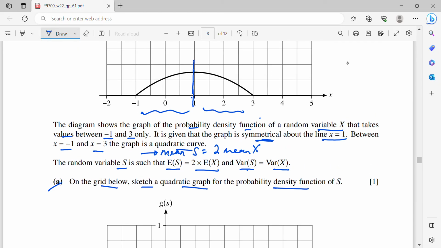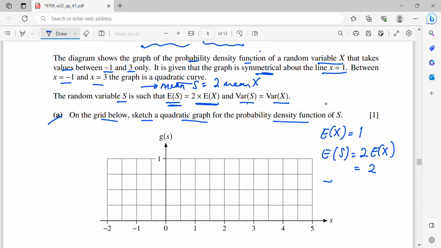From the graph, we know that the mean of X equals 1 because this is symmetrical at 1. Now, E(S) is 2E(X), so that becomes 2. So now I know that my line of symmetry will be at x equals 2, because of the mean. So x equals 2 is my line of symmetry.